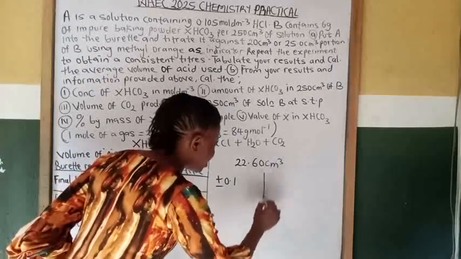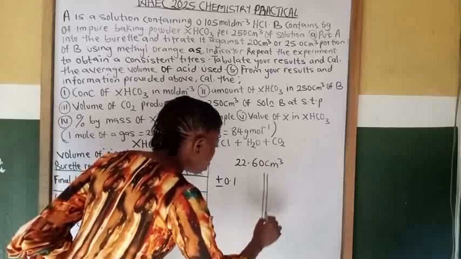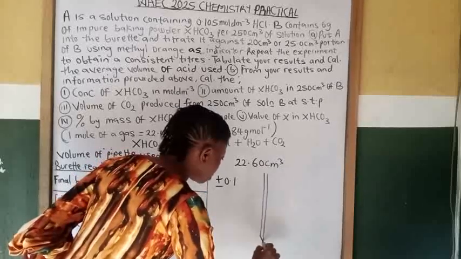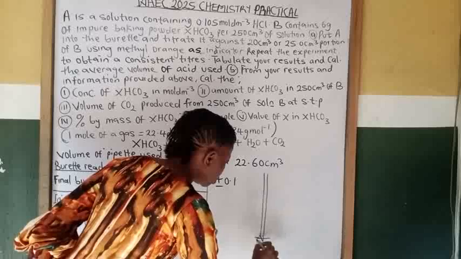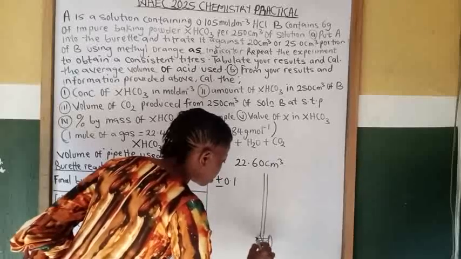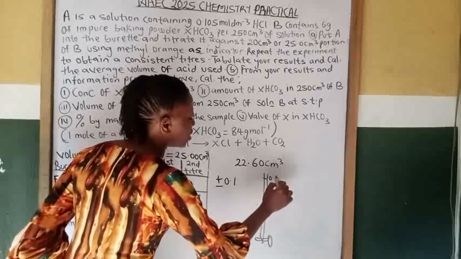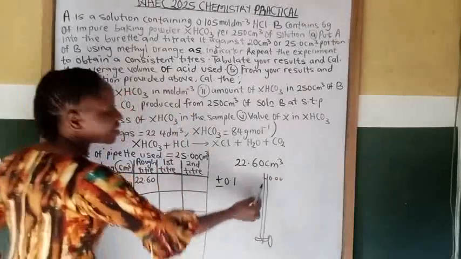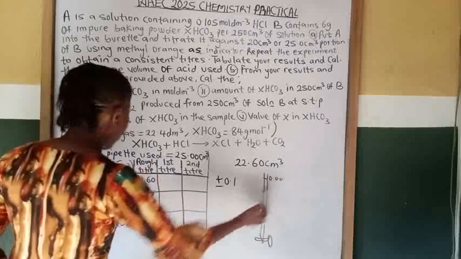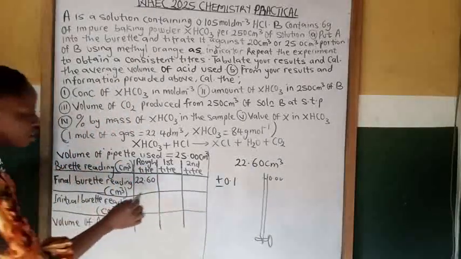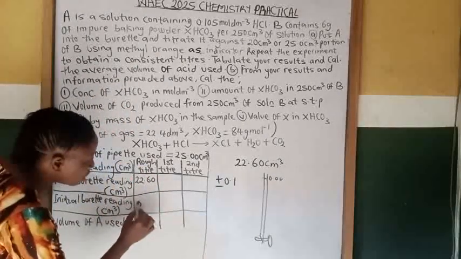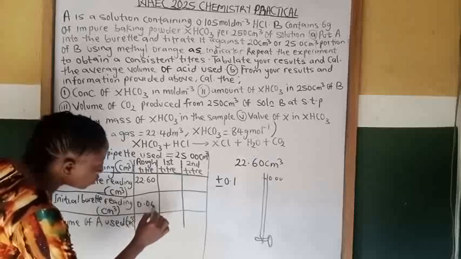Your burette is in this form. You see something in the form of a tap down. So at the upper part of your burette, you see 0.00 there. That is the starting point of your burette, which is your initial reading. So my initial reading will be 0.00.